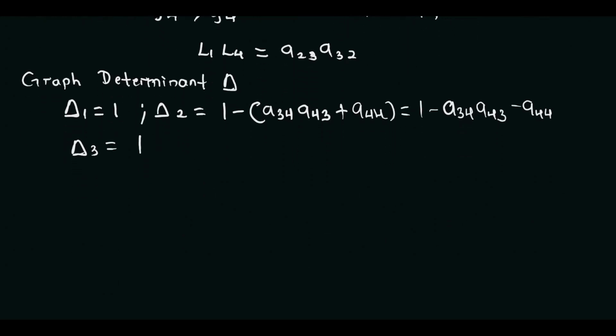Now that we are done with this step, we will apply our main Mason's formula. So your Y5 over Y1 equals P1 delta 1 plus P2 delta 2 plus P3 delta 3, all over the delta.